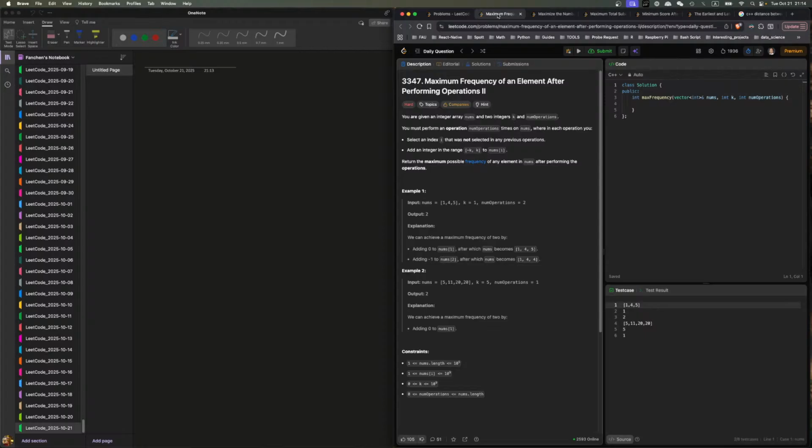So yesterday our idea was we'll sort it, right? And then, because you have a k, we'll try every single one of the possible converging numbers.